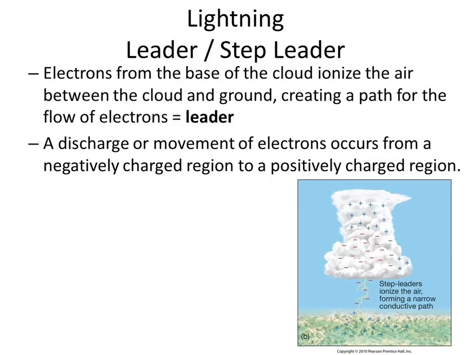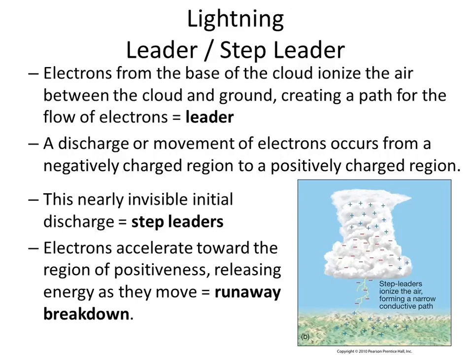Notice what starts first is the leader. Go figure. The step leader is basically finding its way. This would be the 20% of lightning that goes between the cloud and the ground. So tentatively there is a channel where electrons can flow.